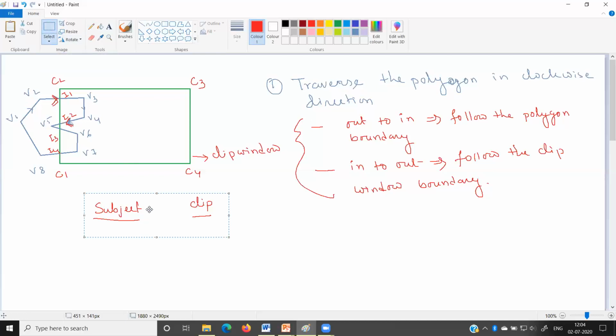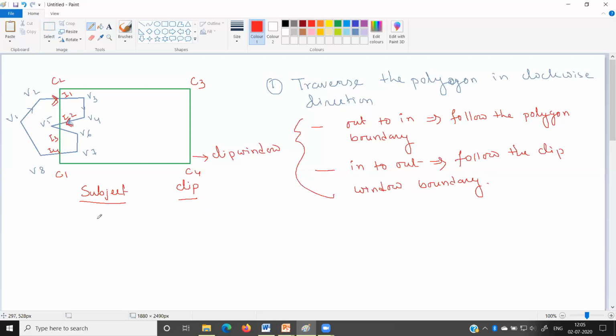In the subject list, we will keep the vertices and the intersection points in the clockwise direction. In the clip list, we will keep the points present on the clip window. That means it includes the vertices of the clip window along with the intersection points which belong to the boundary of the clip window. Clear?